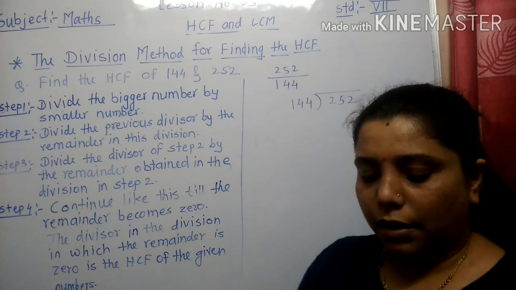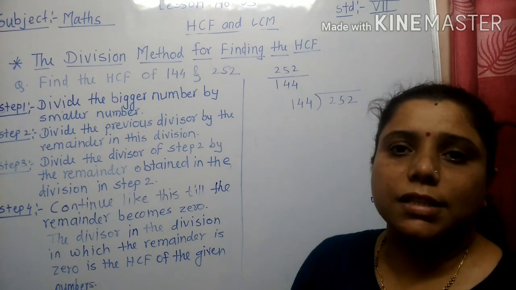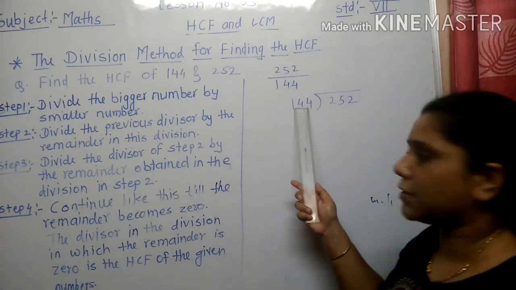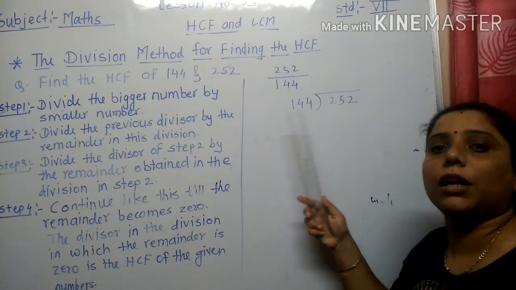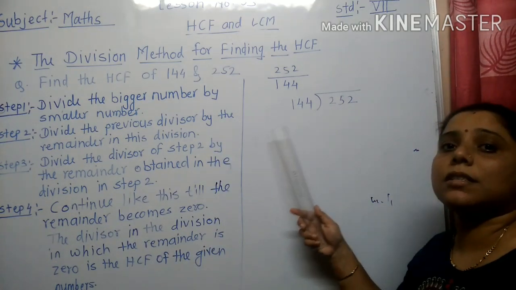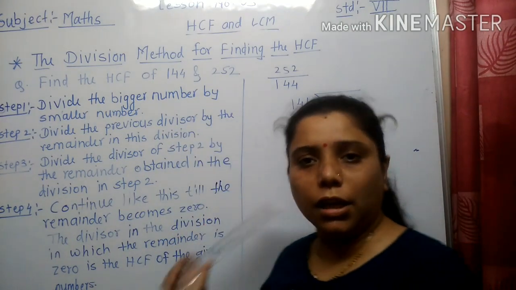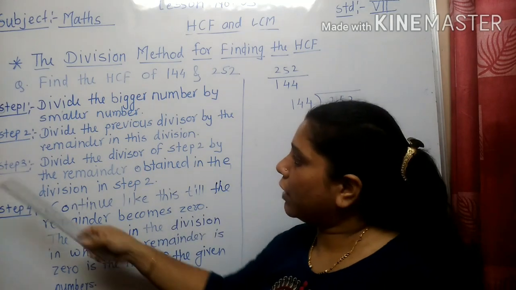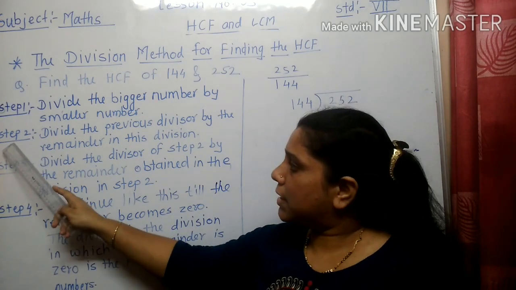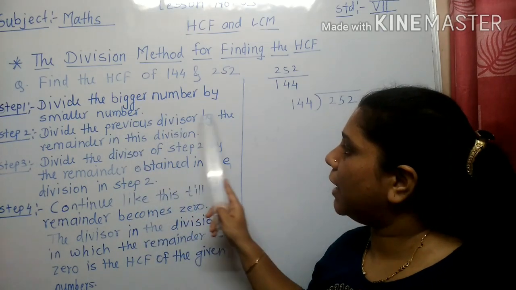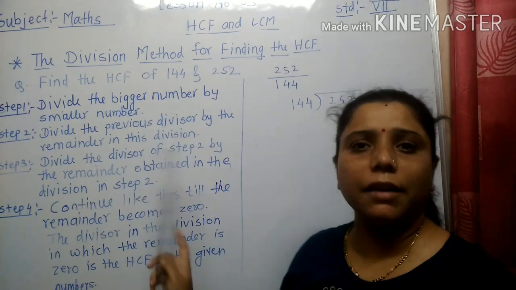Now see, while doing simple number division, what are you doing? You give the division and then you subtract that number. The same procedure we follow here also. Now what will be the next step? Step 2: divide the previous divisor by the remainder in this division.